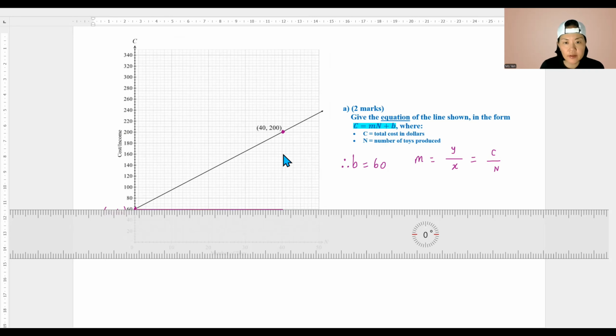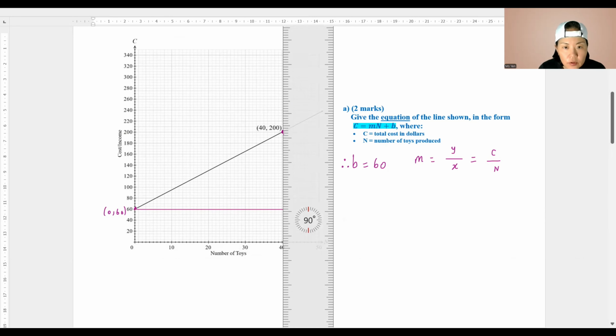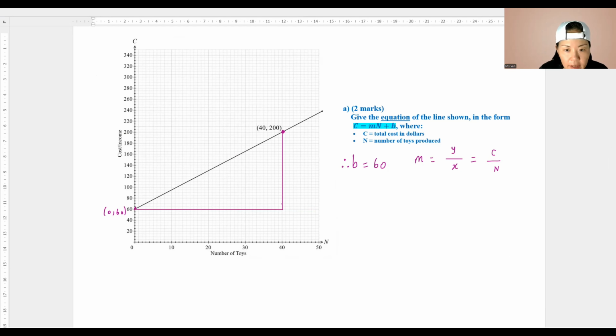I'm going to stop right there, directly under the point 40 and 200, and draw a straight line down there. So this is a right angle triangle. Now for the change of my x-axis, remember, this is a 0 here, and that's going up to 40. So my change is 40.